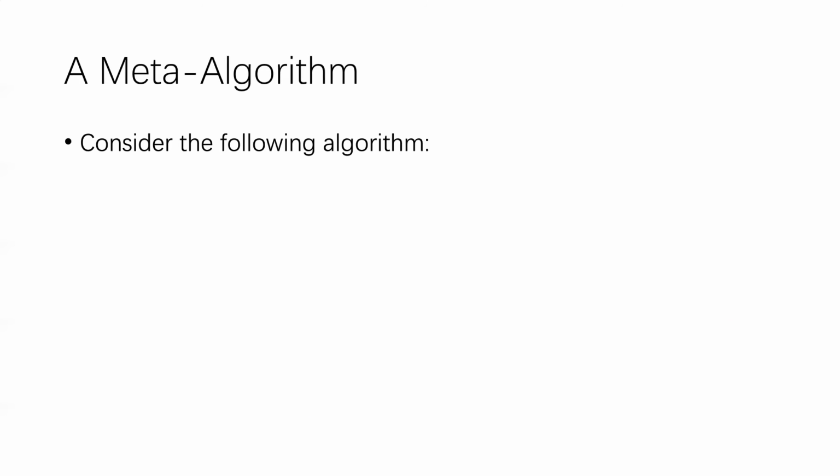Now let's try to implement the meta-algorithm with cut size query and cut sample query. So in the first step, we want to find the minimum cut of the graph. It is well known that the cut size is a submodular function in normal graphs, and it is also true in hypergraphs.